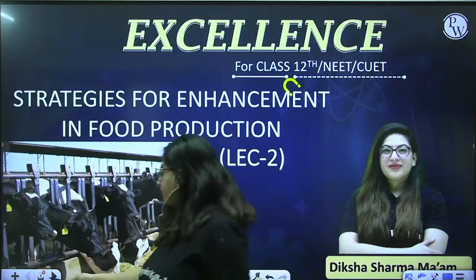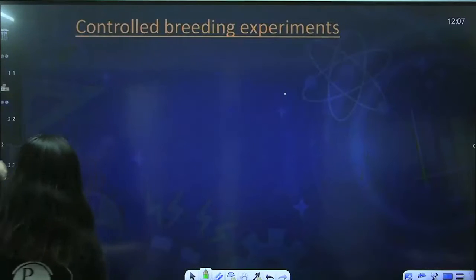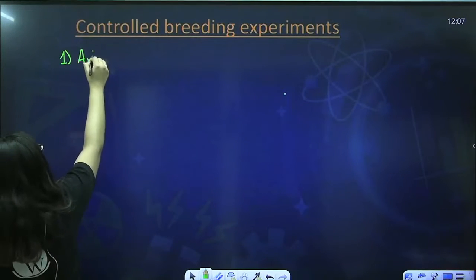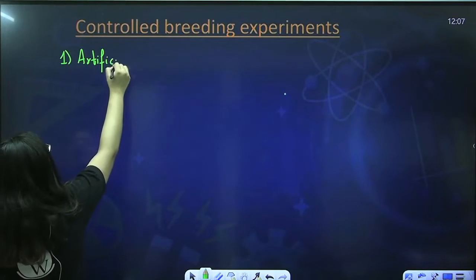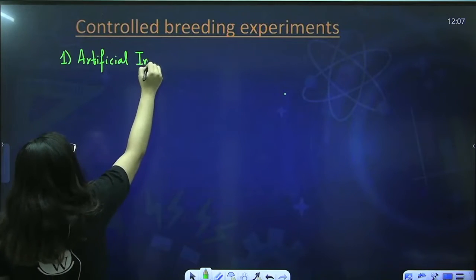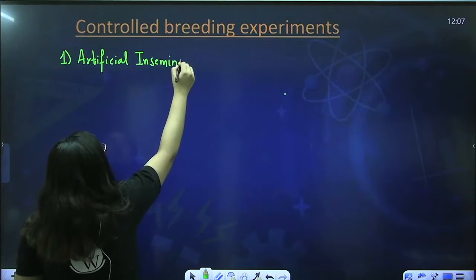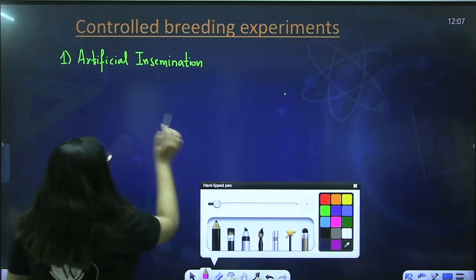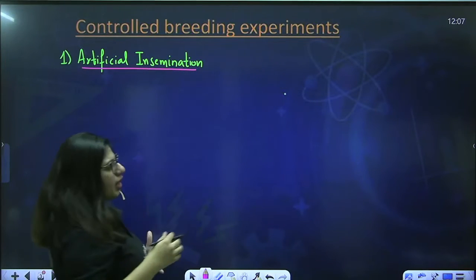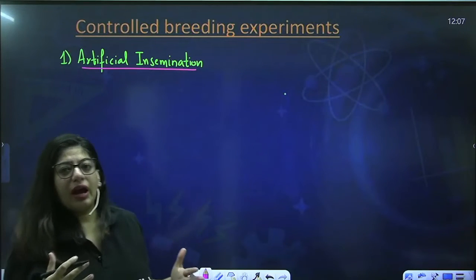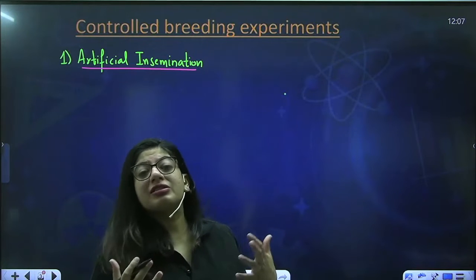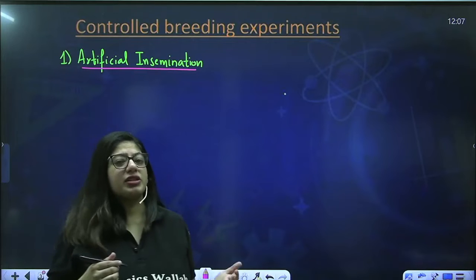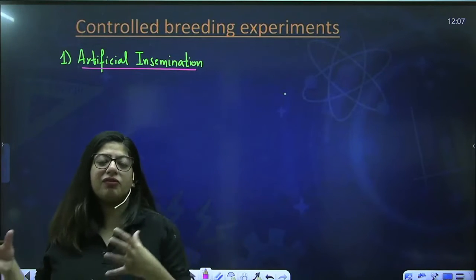How? Let's see. In controlled breeding experiments, the first one is artificial insemination. Our purpose is to enhance the quality of the progeny. We want the animals we have to be of high quality: the females should be high milk producing, the males should be disease resistant and strong enough. So in artificial insemination, we take the semen from a bull.